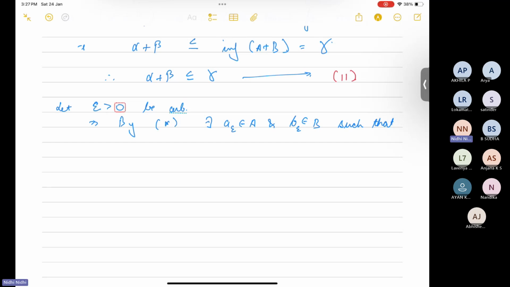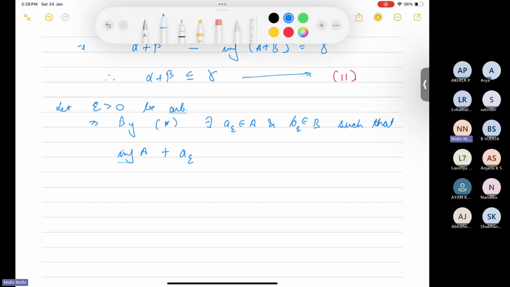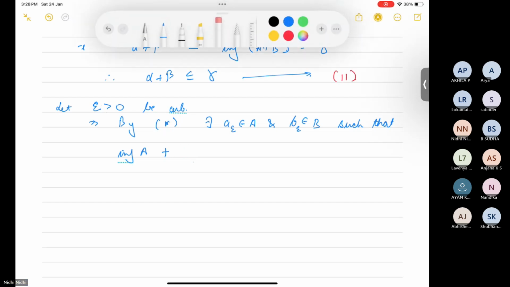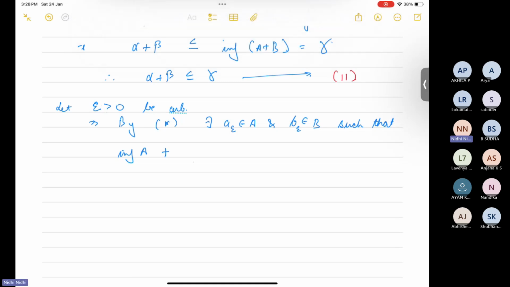So we can find a epsilon and b epsilon in A and B respectively, such that the infimum of A plus epsilon is strictly greater than a epsilon. Similarly, we have for set B, infimum of B plus epsilon is strictly greater than b epsilon.